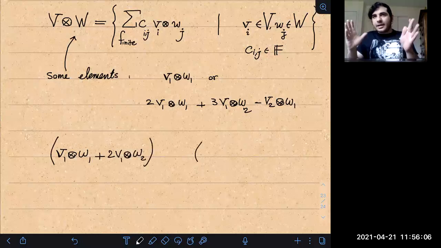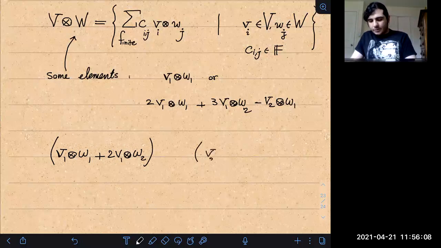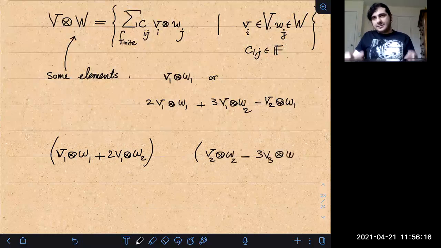If I take another element there, for example, V2 tensor W2 minus 3V3 tensor W3, if they ask me what is the sum of these two vectors, what is the sum?